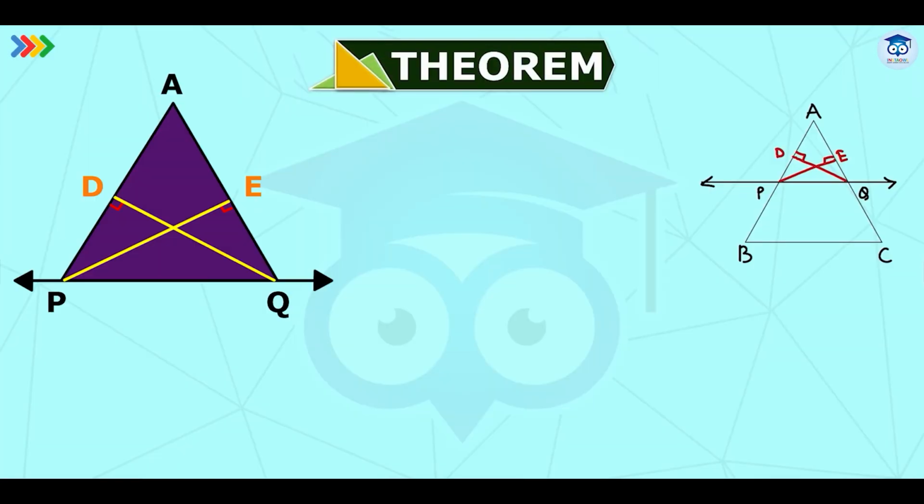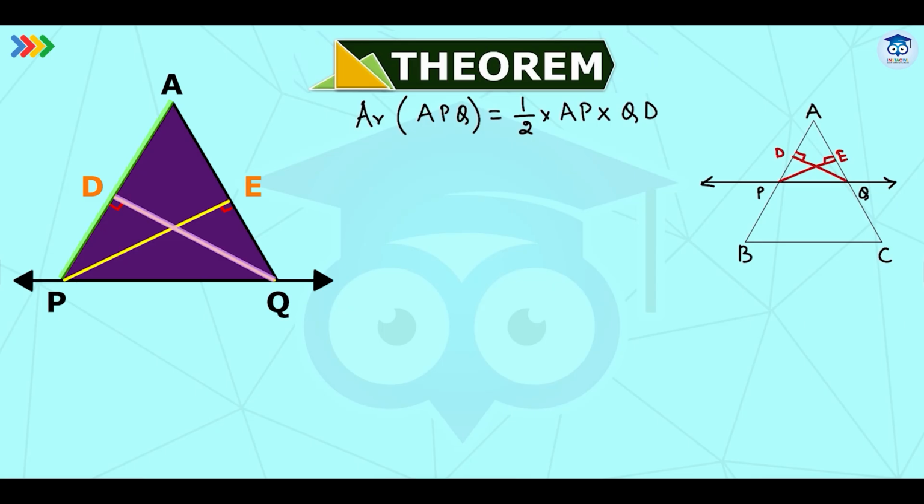So the area of triangle APQ is equal to half. The base we are using is AP, and the height we are going to use is QD.